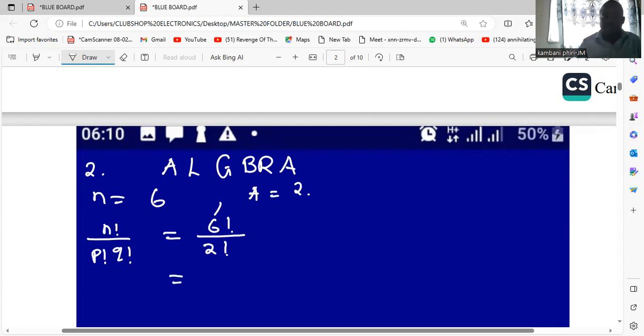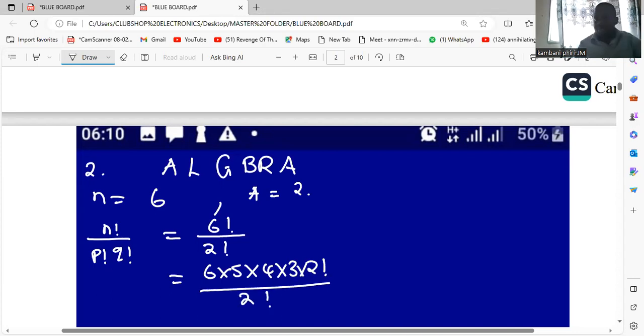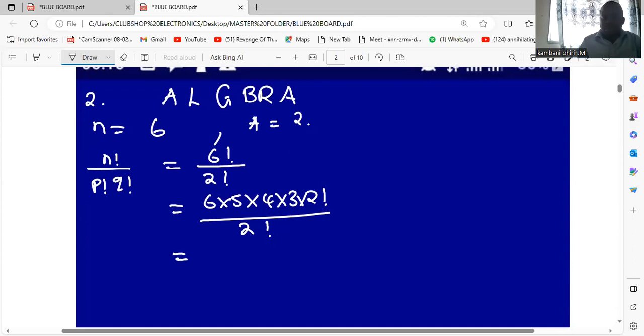So this is 6 by 5 by 4 by 3 by 2 factorial divided by 2 factorial. Then what do we get? 2 factorial and 2 factorial will cancel. We have got 6 by 5 by 4 by 3.